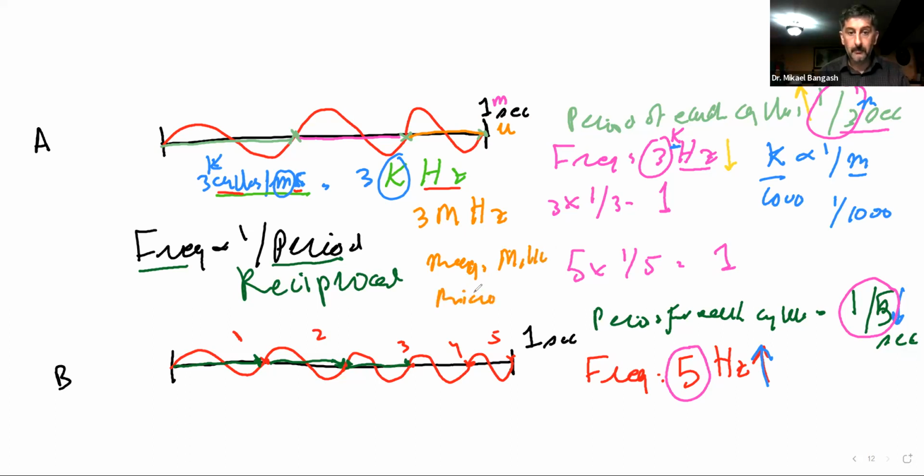And a micro was 1/1,000,000. Or if we said that 3 cycles were completed in 1/1,000,000th of a second, that would mean the period of each cycle was 1/3 of a millionth of a second.